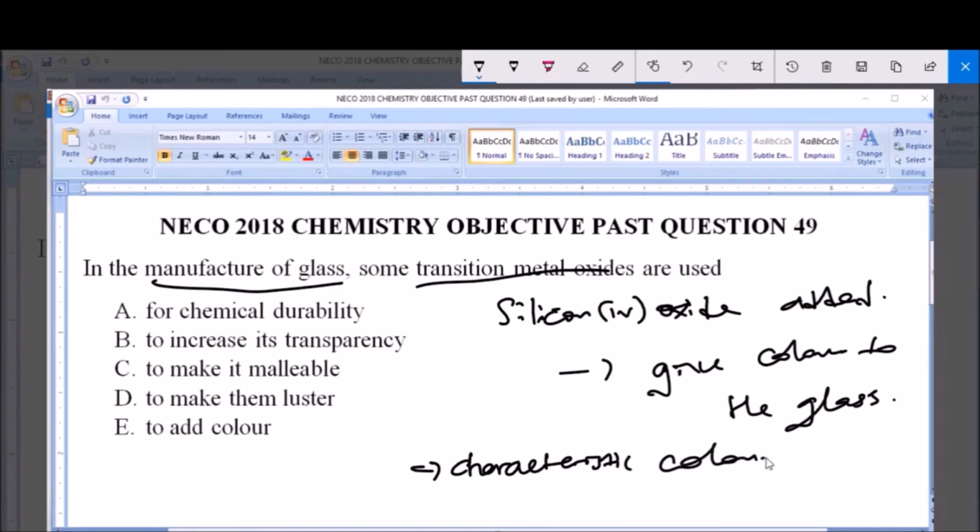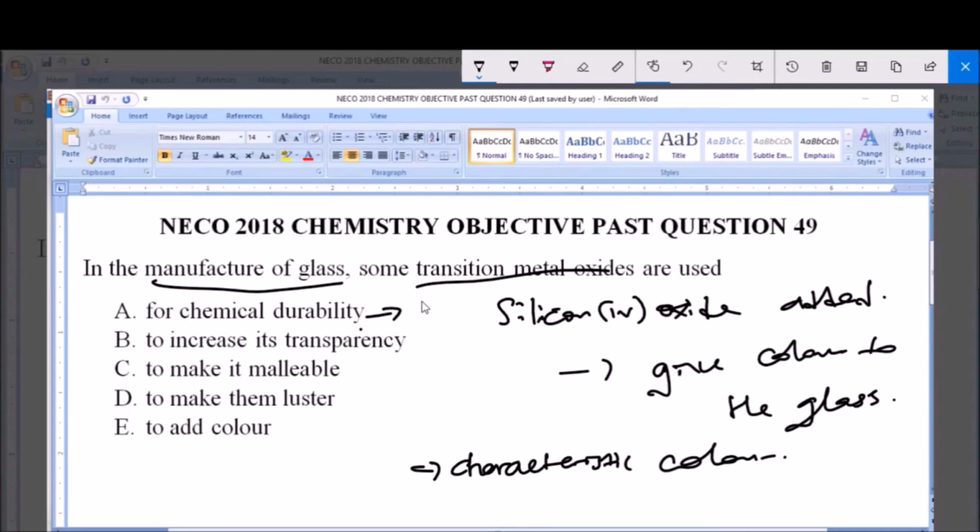Addition of a transition metal oxide to glass will give it its own characteristic color, and this is how colored glasses are produced. Colored glasses are produced by addition of appropriate transition metal oxides to the silicon(IV) oxide when producing the glass.